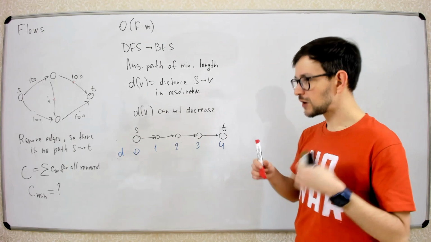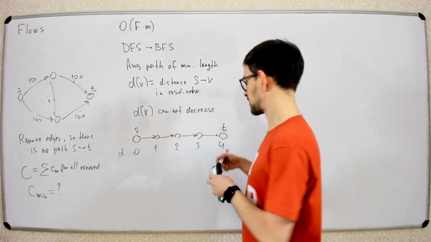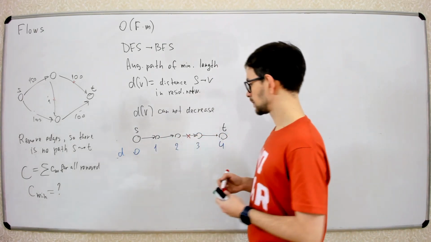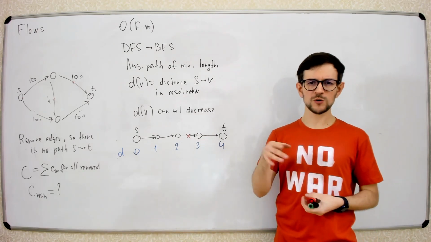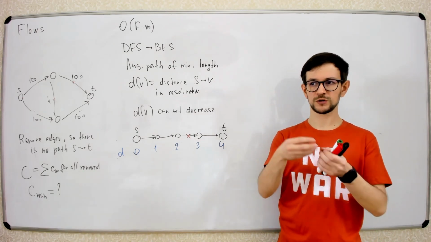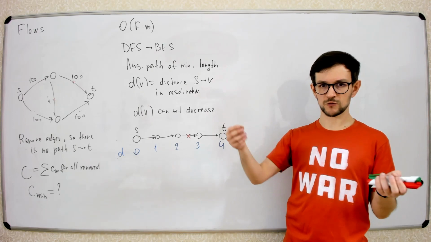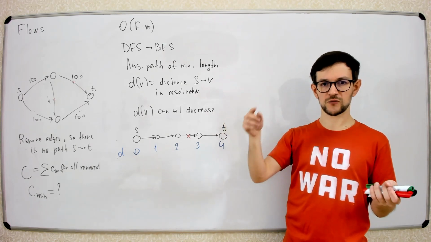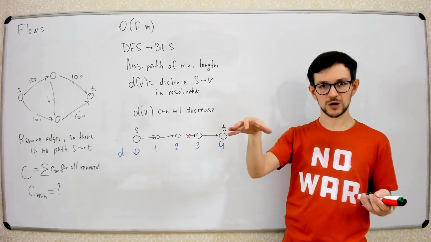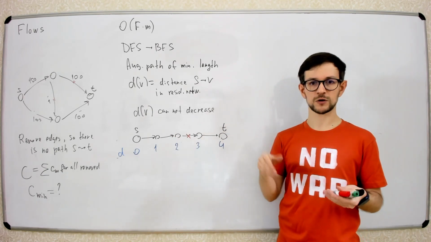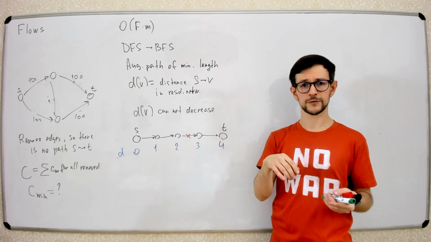So the only edges which are removed are the edges on this path. And we will always remove at least one edge because we take the minimum. For this minimum, the flow will become the same as capacity, so at least one edge will become saturated and will be removed from the residual network.